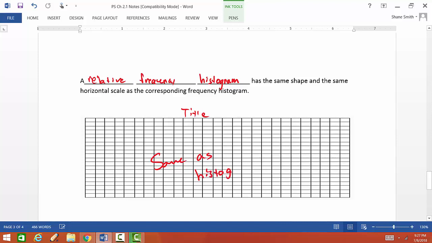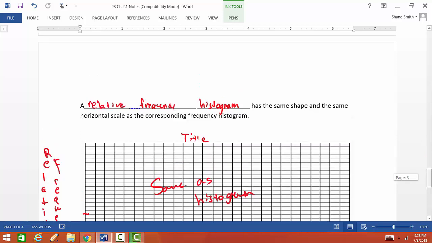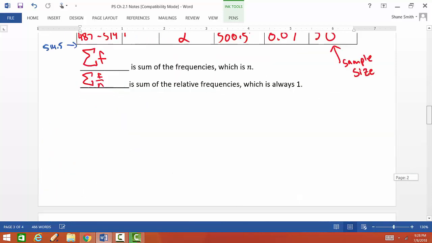I don't think I need to make bars on a graph. I think you guys know how to do that. But instead of frequency, because it is a relative frequency histogram, we could do relative frequency. It's hard to write vertically. Always want to write the letters side by side. And then relative frequency histogram, you use the relative frequencies. So if I go back, I have to look again because I don't have it in front of me.